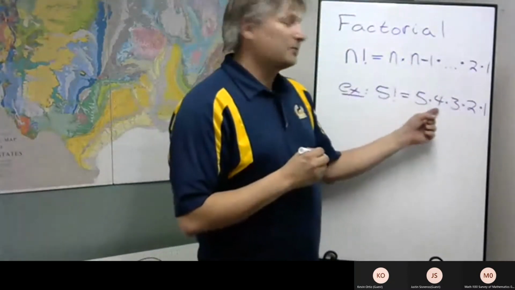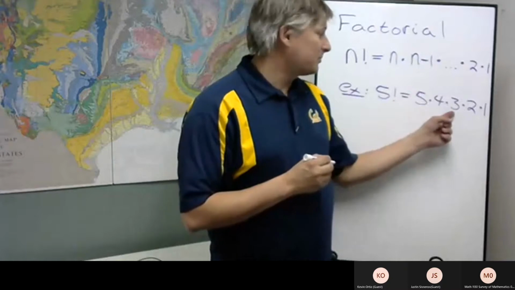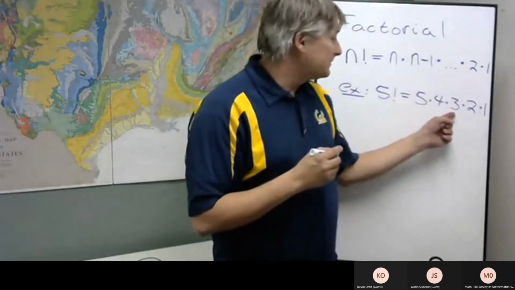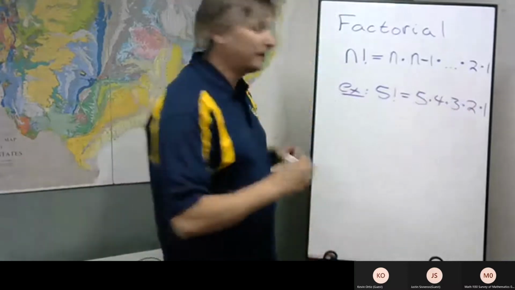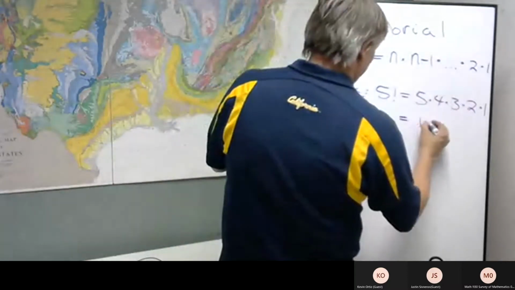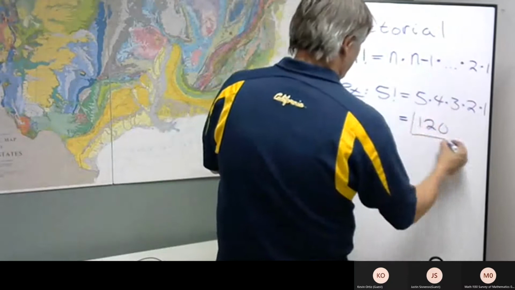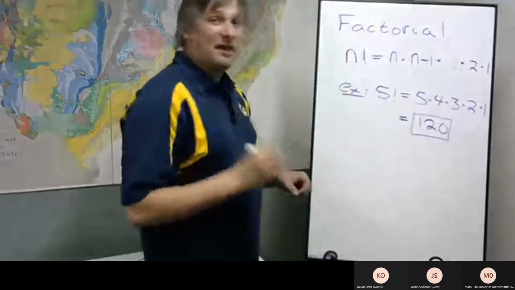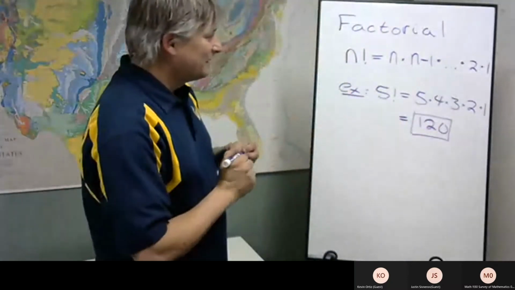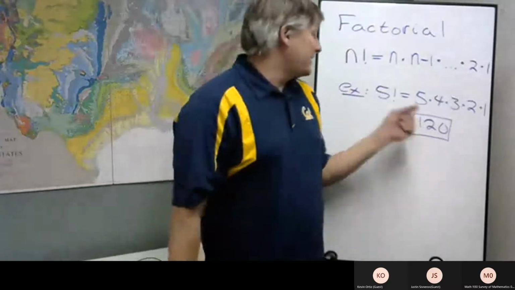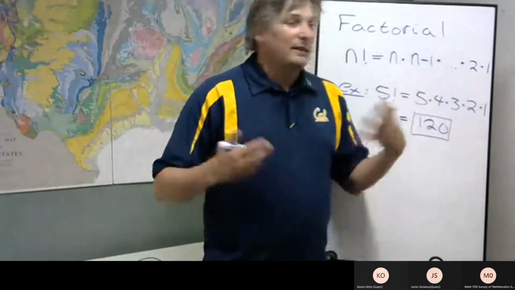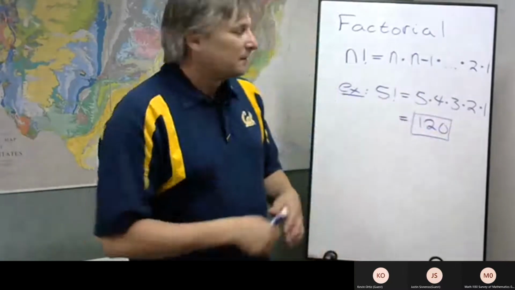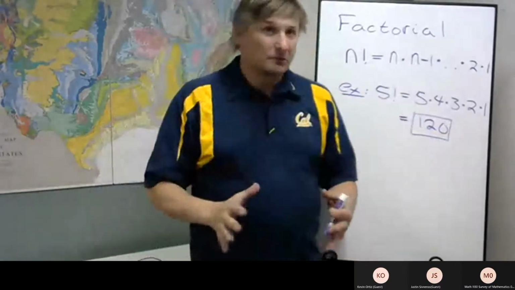So 5 times 4 is 20. 20 times 3 is going to be 60. 60 times 2 is 120. 120 times 1 is 120. And that's going to be your answer. So that's all that it means. You're going to take this number as the starting number and multiply it to all the integers, positive integers. Actually, we should say natural numbers that are below it.